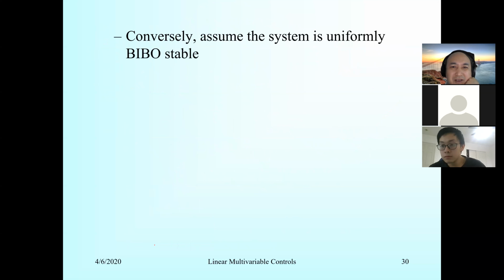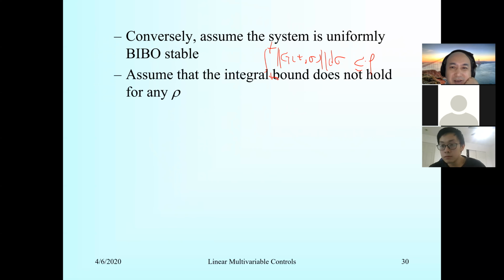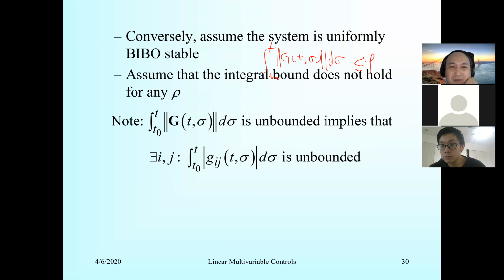Conversely, if the system is uniformly BIBO stable, then we want to show that the norm of G(t, sigma) integrated d sigma from t0 to t can be shown to be less than or equal to an upper bound. Here we do a proof by contradiction, assuming it does not hold, which means this is unbounded.